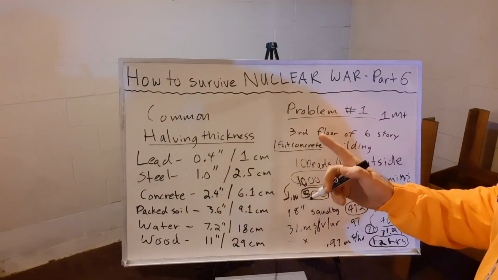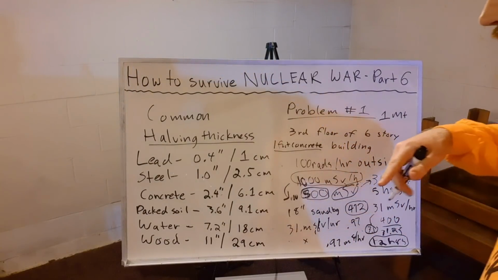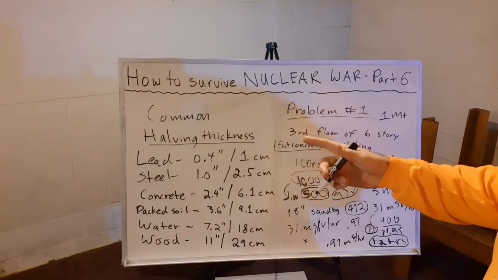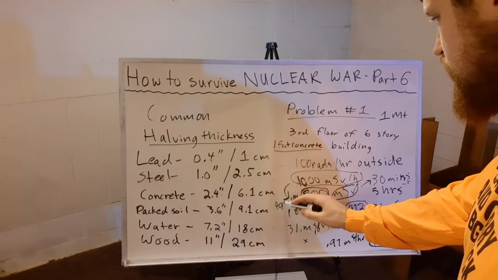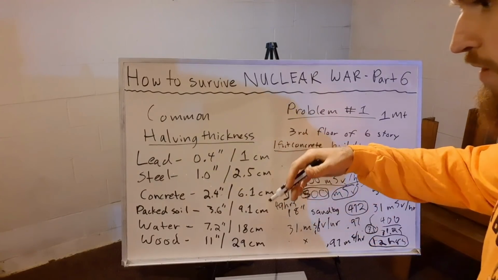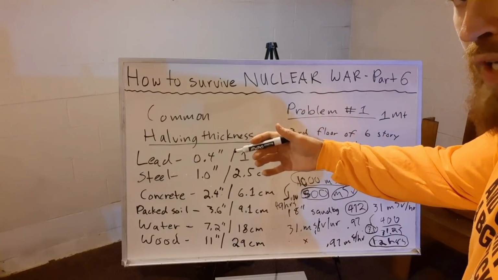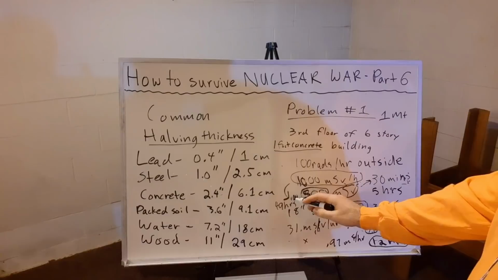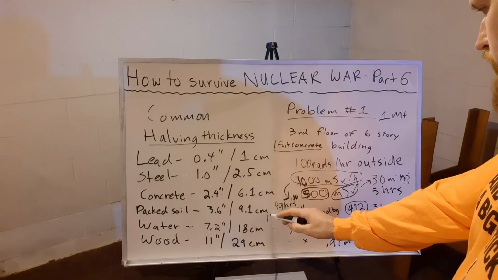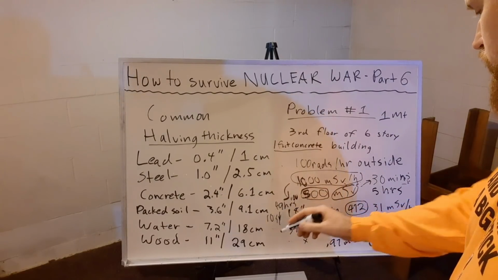Okay, that's just after 7 hours. Now, if we wait another factor of 7, which would go up to 49 hours or 2 days, because 7 times 7 is 49, or 2 days, we drop down from 100 millisieverts to 10 millisieverts per hour after 2 days.